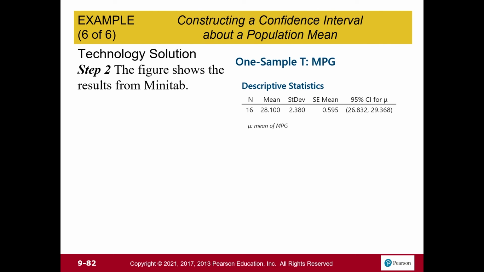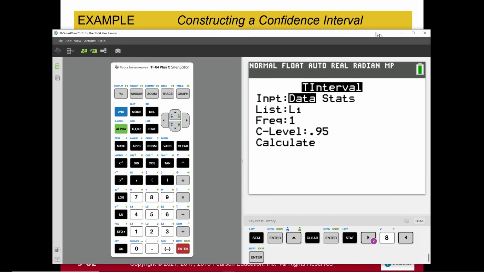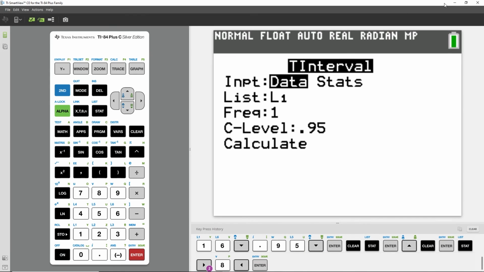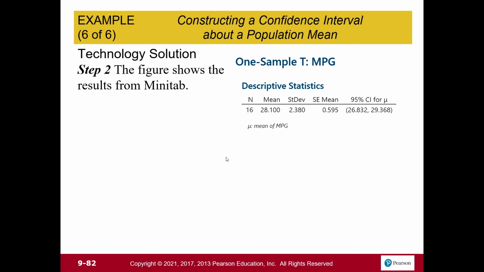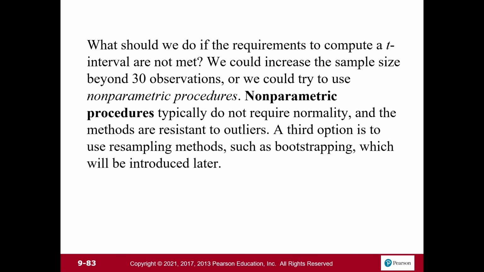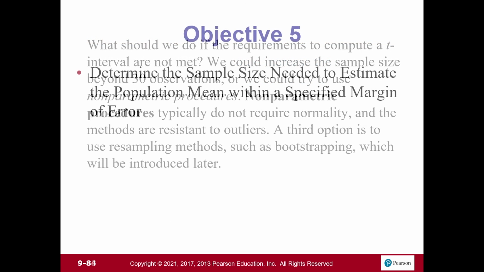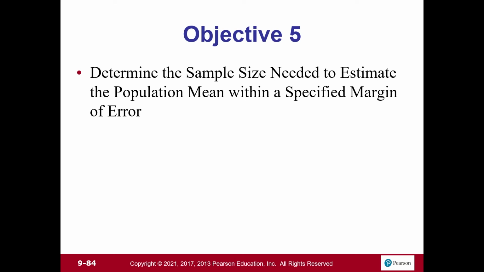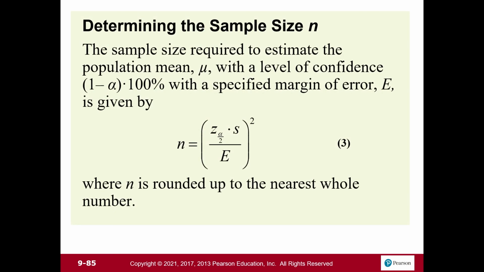Let's move on. Determine the sample size needed to estimate the population mean within a specified margin of error. And here is that formula.